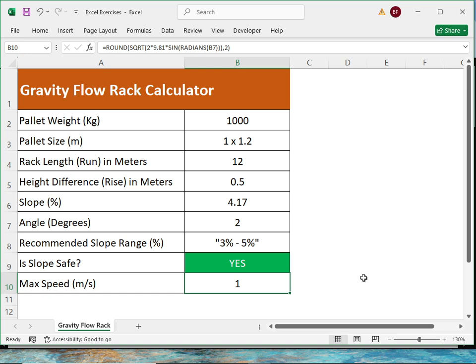That would be a good speed for the pallet to slide along the gravity flow rack. So that's it for today. I hope you like this system, and thank you for watching, and see you next time.